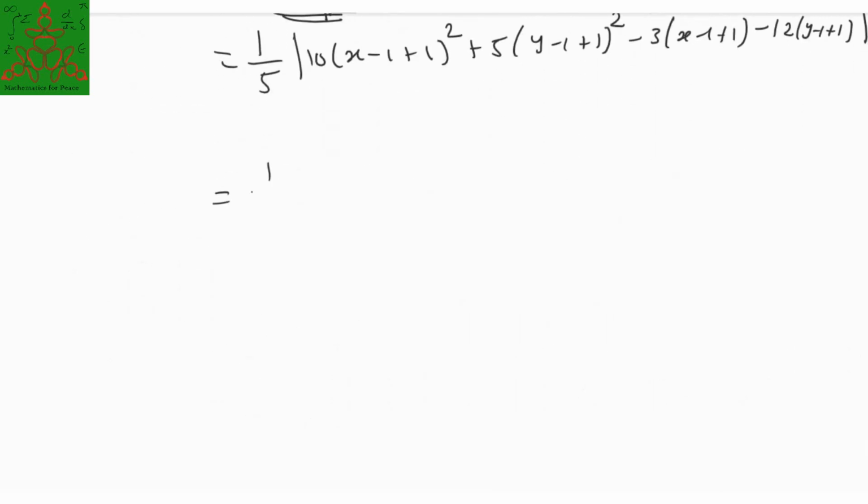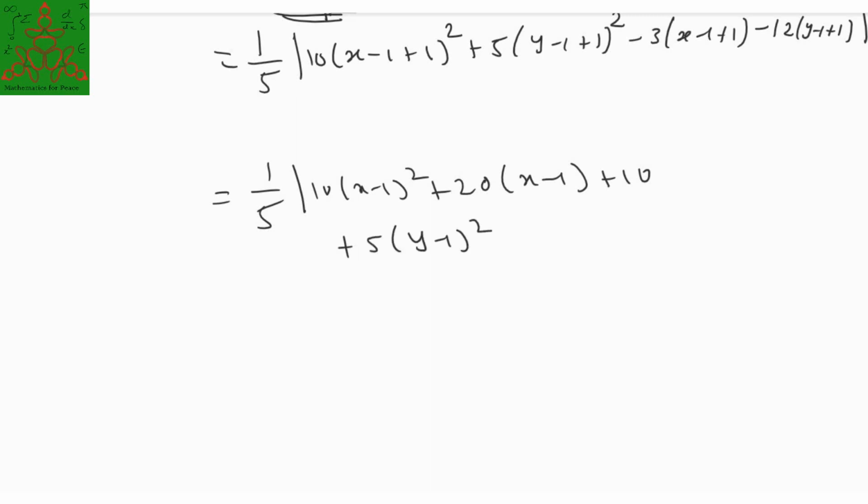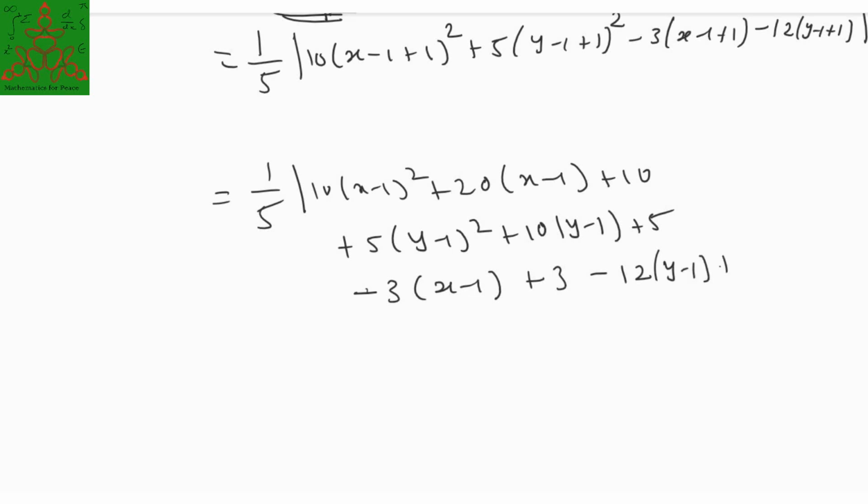So you will have 1 upon 5 mod of 10 times x minus 1 square plus, multiplying together with that, 20 times x minus 1 plus 10. In the second bracket you will have 5 times y minus 1 square plus 10 times y minus 1 plus 5. Last you will have 3 times x minus 1 plus 3 minus 12 times y minus 1 minus 12 more. Here is also minus. So you can see that minus 12 minus 3 will be minus 15, and that 15 will cancel out this.